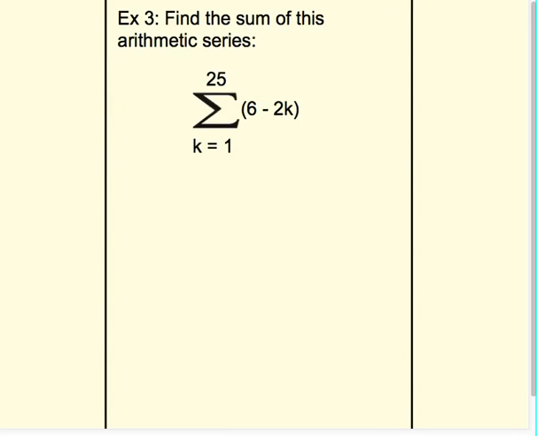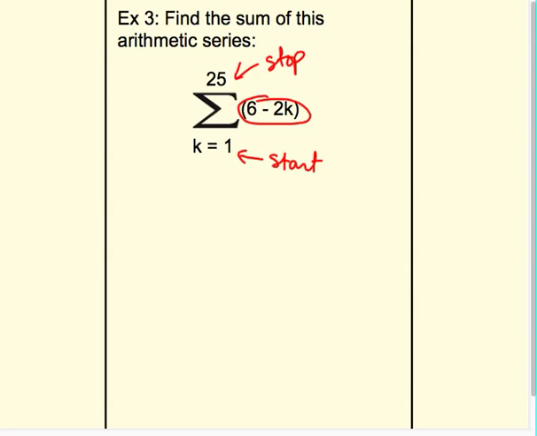Last example, we're going to take a look at sigma notation or summation notation. Again, the number at the bottom is where you start. So we're starting with our first term, and we are stopping at our 25th term. So again, the numbers on the bottom and the top are the term numbers. This is our explicit formula, so we can find those terms.